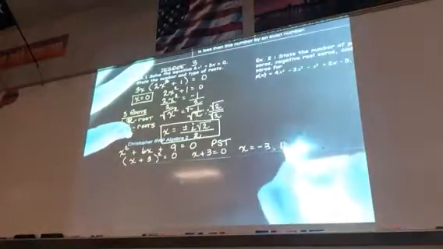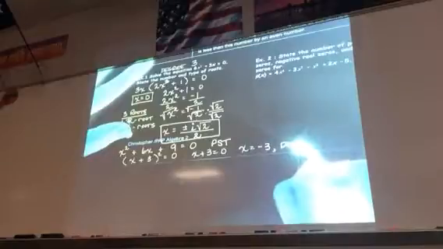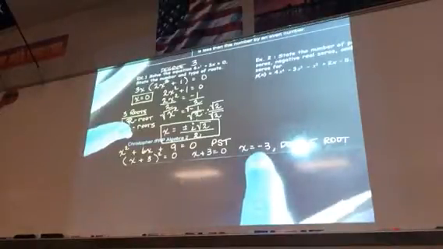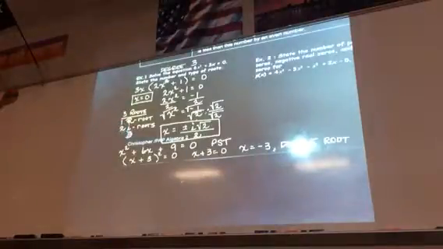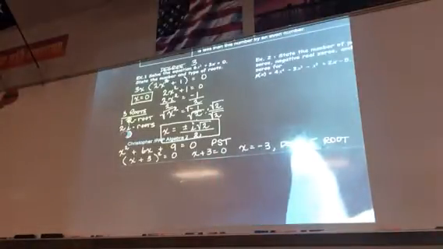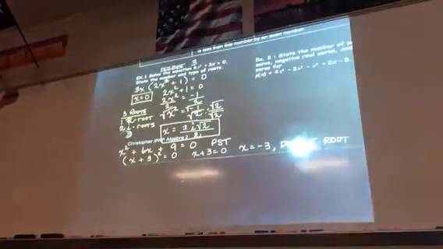But it is considered a double root, so we get to count it as 2. So here we have 2 roots, but they're both the same number, negative 3. So quite often we just write it once, and in our heads, we know this is a double root.